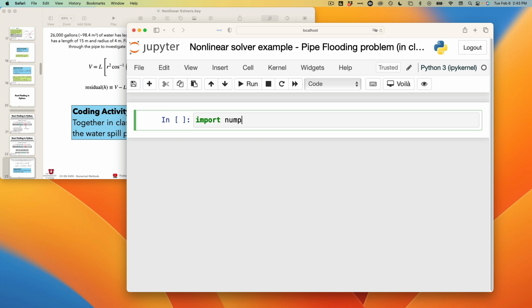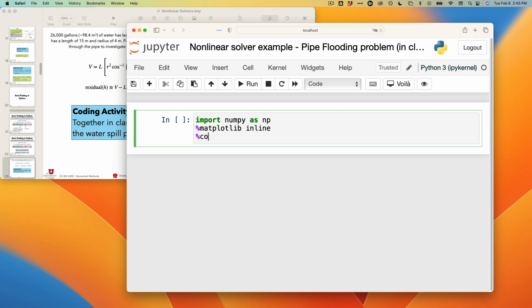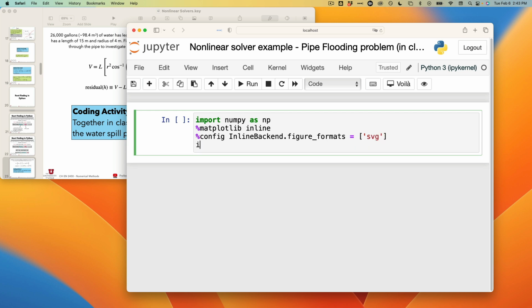So import numpy as np, and the magic matplotlib inline, and then config InlineBackend.figure_formats equal svg, and import matplotlib.pyplot as plt.